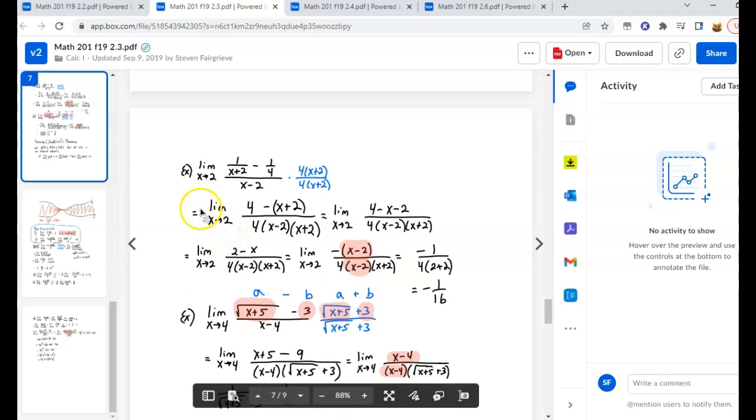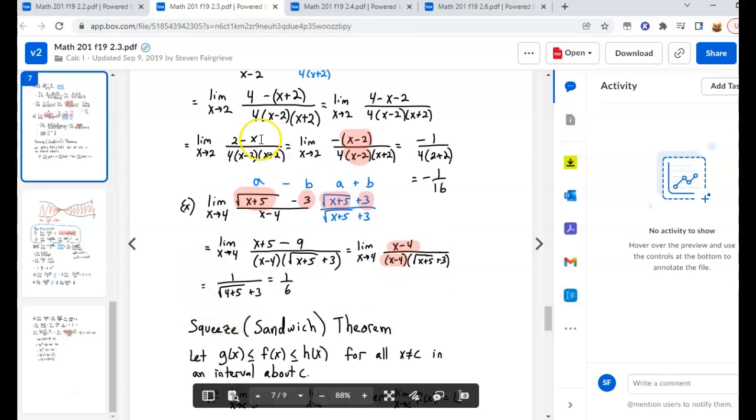You can expect that you're going to see something with a fractional function, very much like this example here, where you're going to have a 0 over 0 limit that you're going to need to simplify. You do that by getting rid of the complex fractions. Then you can expect that you're going to have something with a radical, where you're going to need to rationalize the numerator or denominator by multiplying to make it a difference of squares.